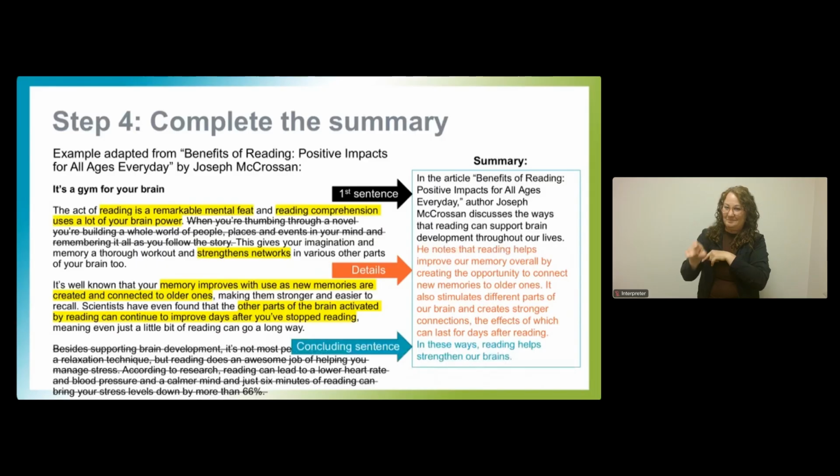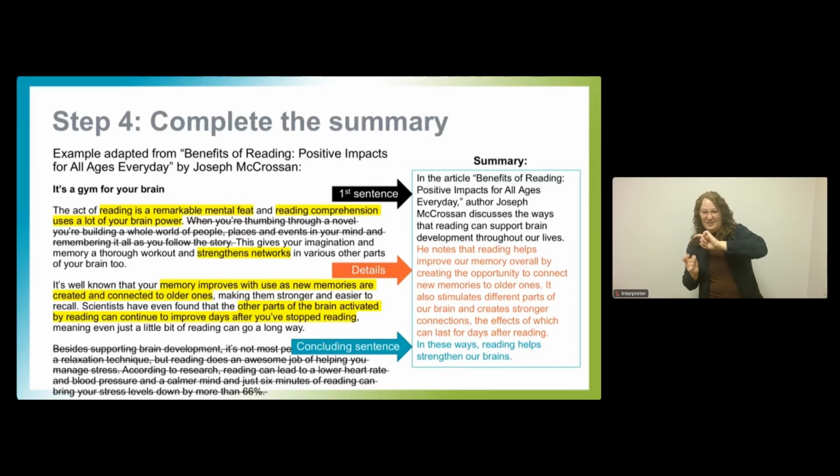And finally, I've written a concluding sentence. In these ways, reading helps strengthen our brains. Right? So a concluding sentence, similar to a concluding sentence in an essay or a report, will typically restate the main idea. Right? So if you compare the opening sentence, the first sentence, and the concluding sentence, there's a restating there, right?